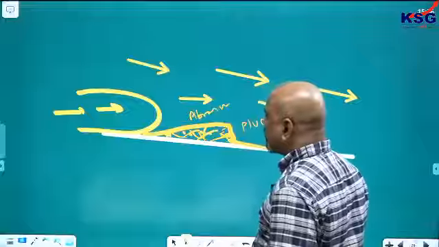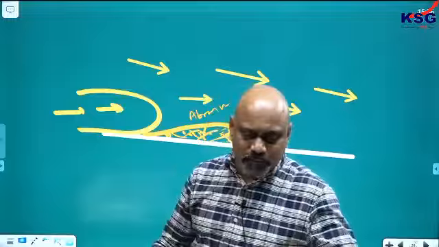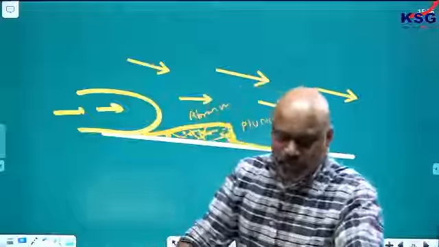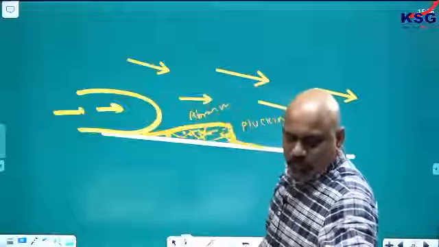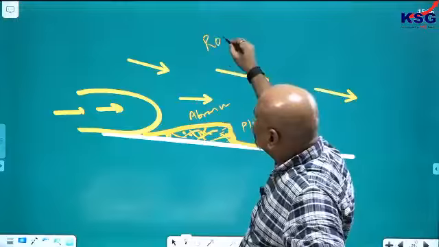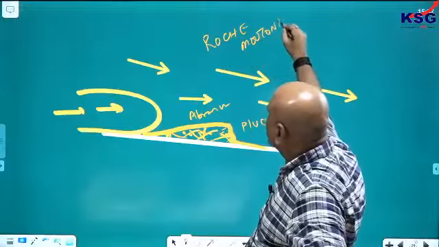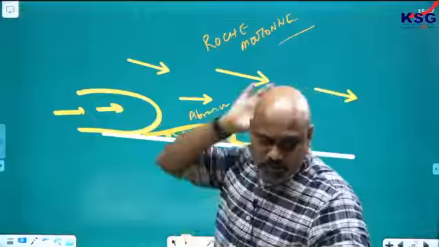Okay, you got it. Abrasion and plucking we have. This is called a Roche Moutonnée. Roche Moutonnée is what we call this.